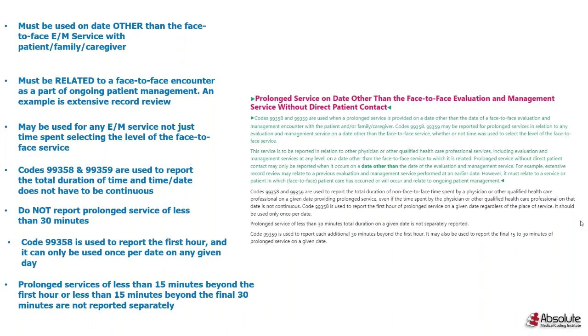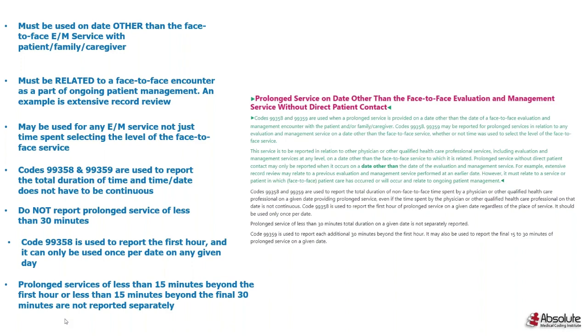That's good to know. Codes 99358 and 99359 are used to report the total duration of time, and that time or date does not have to be continuous. Also, do not report prolonged service of less than 30 minutes.